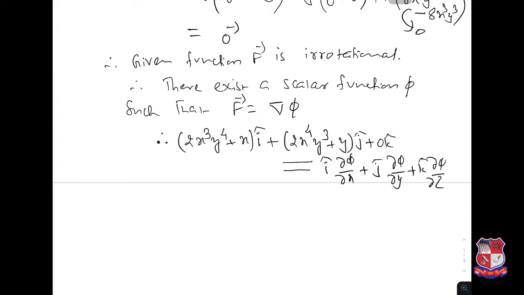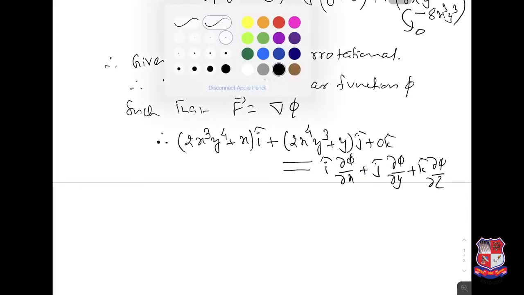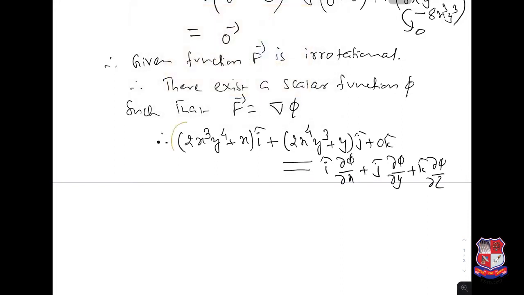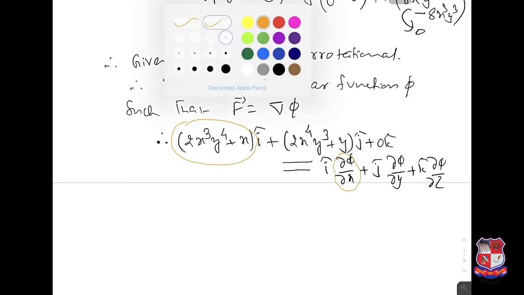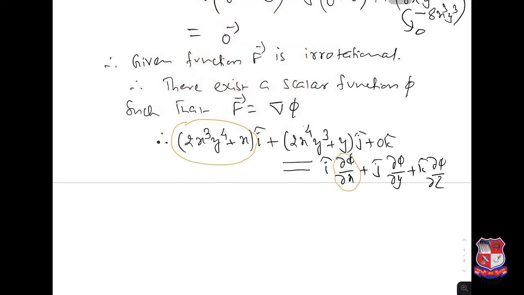Now we can compare. If we compare, you can see that the first component is del phi by del x, and the second component is del phi by del y.